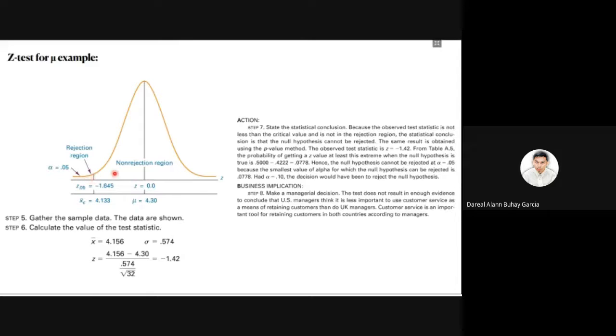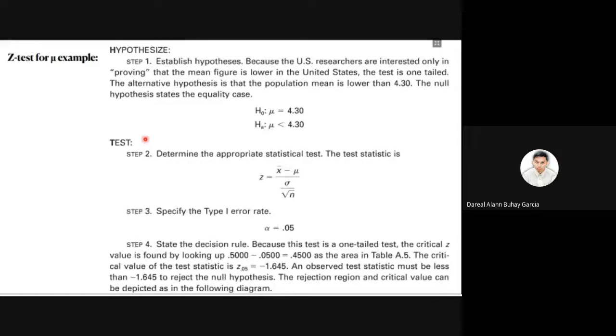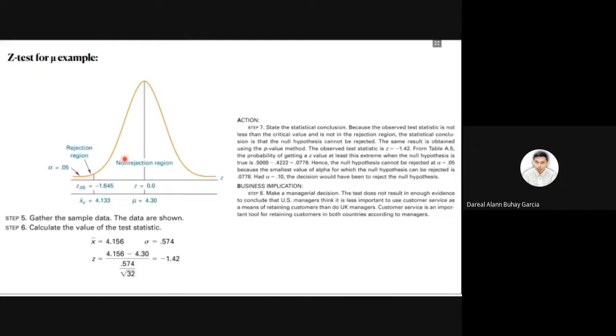All values greater than this one are the region of non-rejection. If our observed test statistic falls inside the non-rejection region, we are going to accept our null hypothesis.